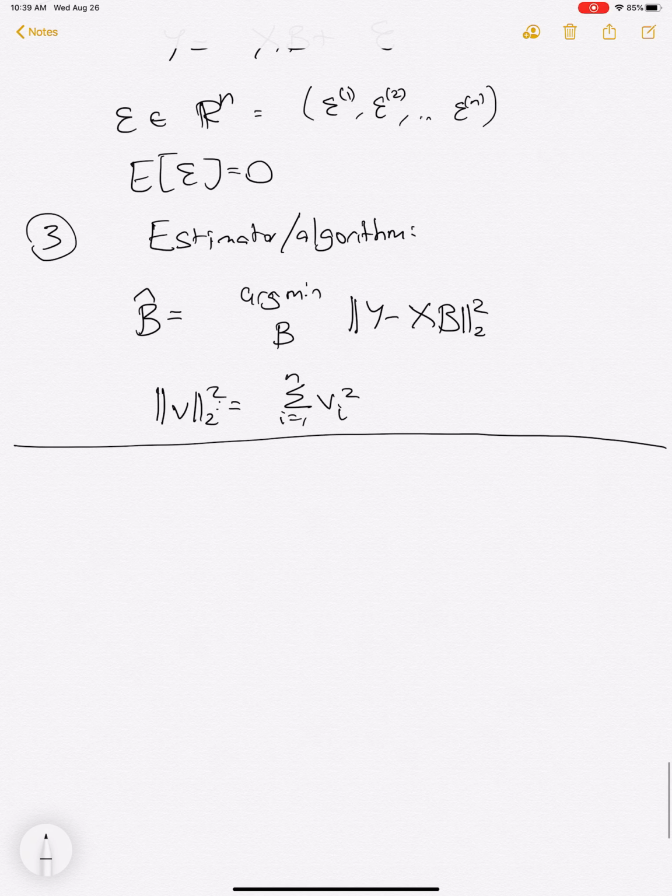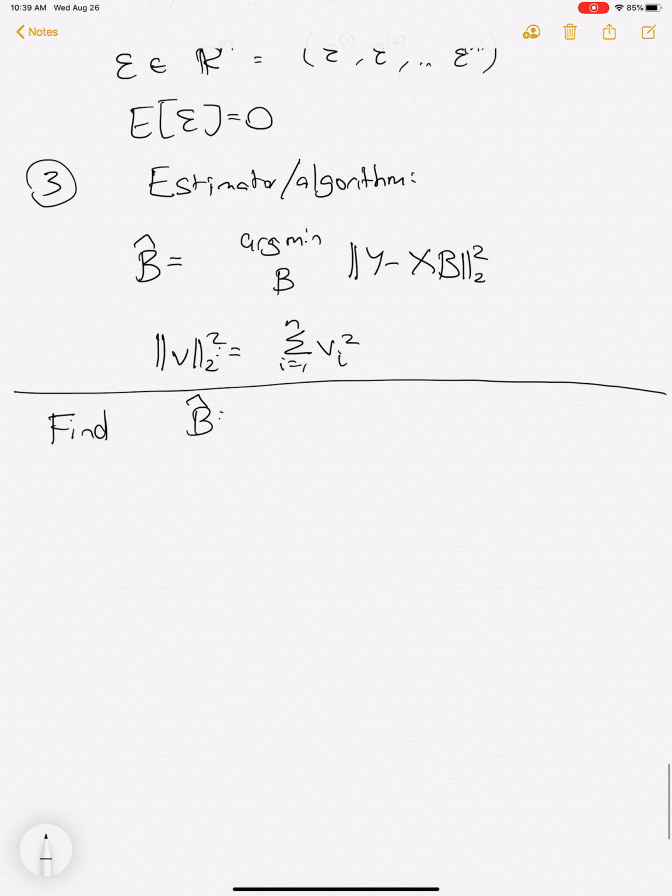Once again, we can find b hat using a very similar principle to what we did in the simple linear regression case, which is to differentiate. Once again, the best way to learn is to pause the lecture here and try to do this yourself. This is a little bit more involved in terms of getting your head around the notation because we now have matrix vector form.